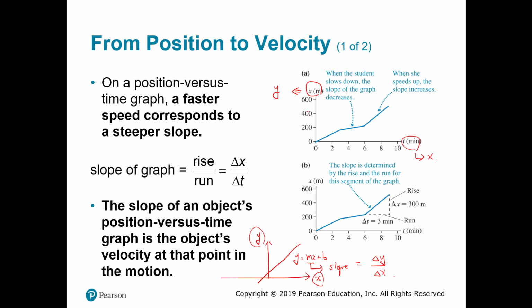So if you have a linear function in this xt graph, your slope is delta x over delta t, and that's your velocity. In other words, in an xt graph, your slope is the velocity.